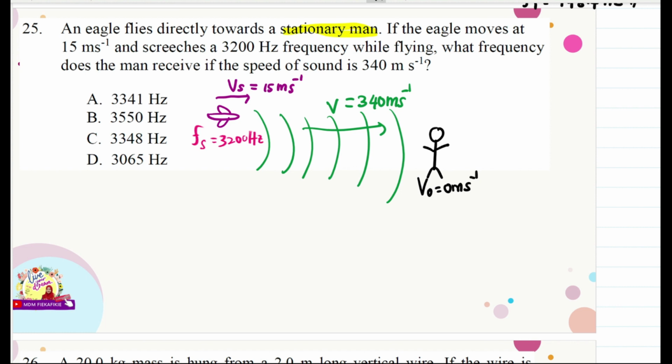So now, look at the direction of V and Vs. So V is to the right, Vs also to the right. Same direction. Okay, saya dah bagi tahu dalam video sebelum ni. Nanti dalam equation dia adalah negatif.